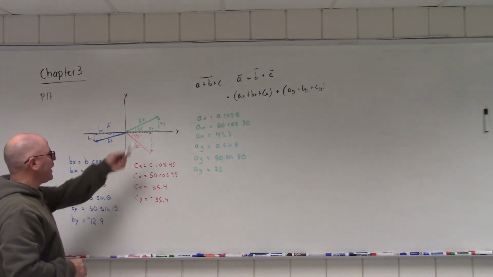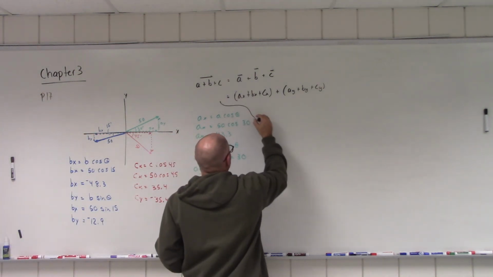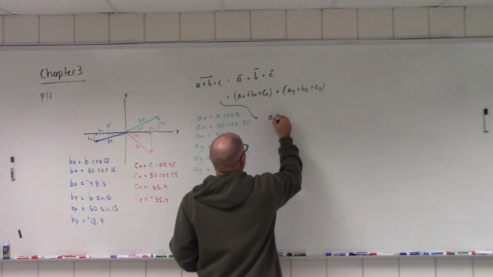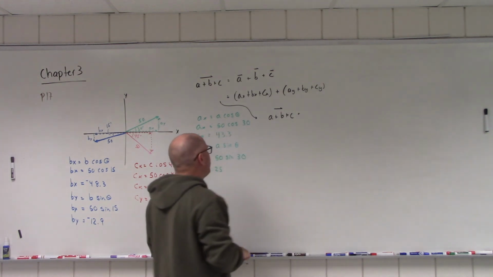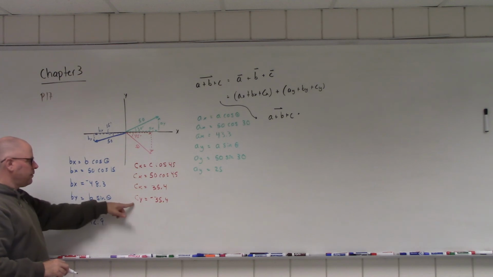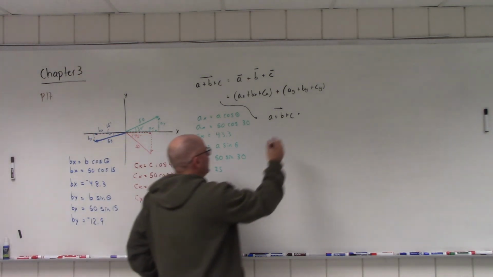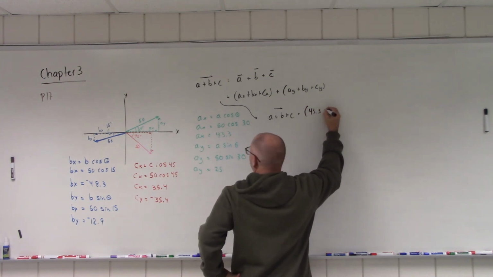And now I have all my components, I'm just going to put it in here. Sorry, I'm going to move this over here so we're not confused. Okay, so this is A plus B plus C vector. All right, and so I'm going to put them in here. So I have AX, BX, and CX. So AX is 43.3.